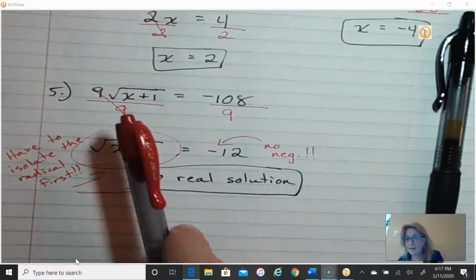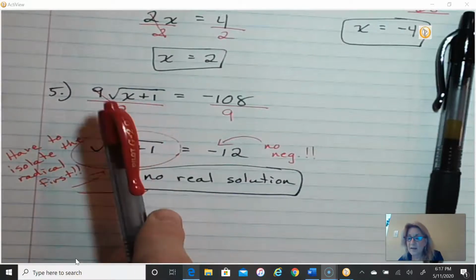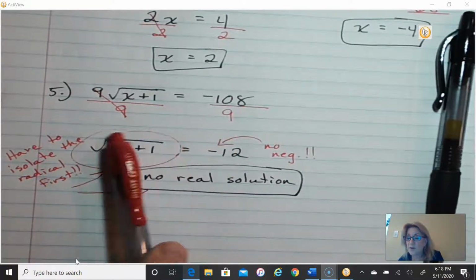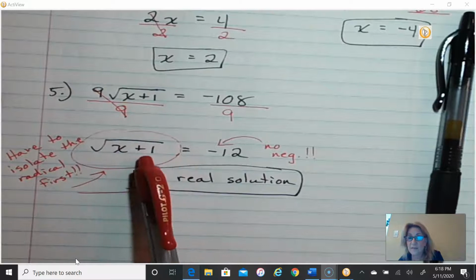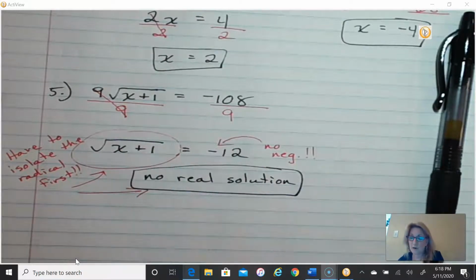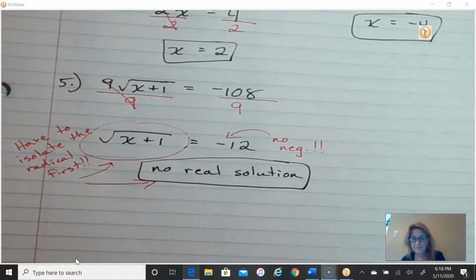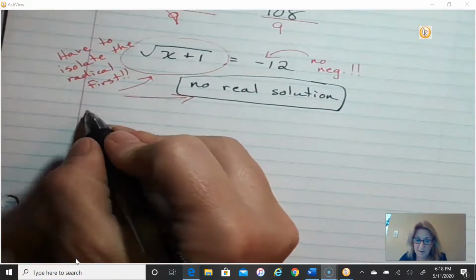Okay? Because this, we don't know yet because of that 9. Once we got rid of the 9 and we isolated this radical, then we can determine if it's no real solution or not. All right, number 6.